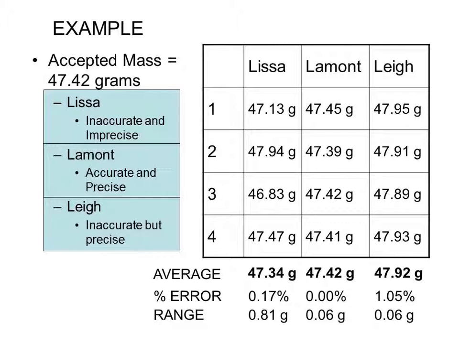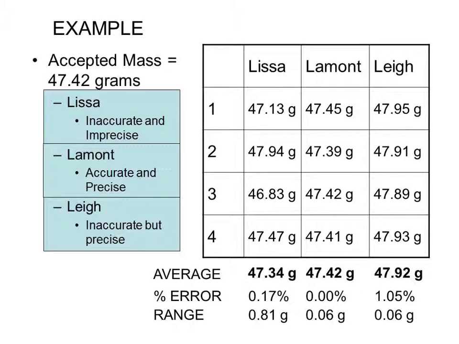So by looking at this, remember we talked about the error before. Anything that's greater than 0.1% is going to be suspect as far as accuracy. And so here we have 0.17%, that's higher than 0.1%. The mean for that particular data, Lisa's data, is not close to the accepted value.